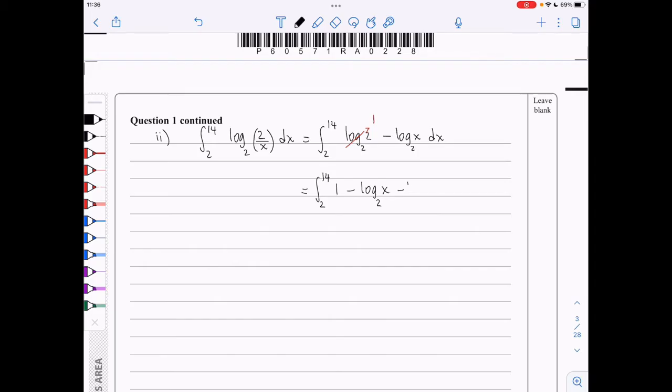I'll write minus log 2 base 2 plus log 2 base 2 with respect to x.